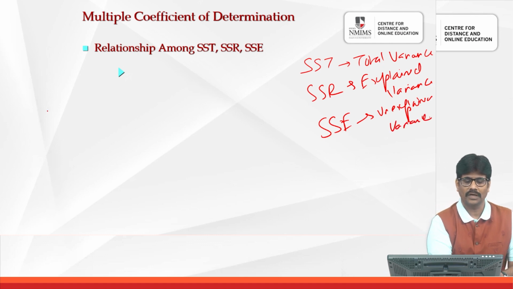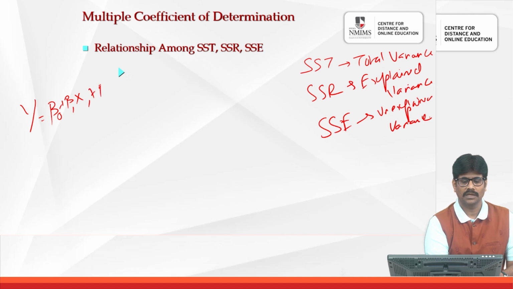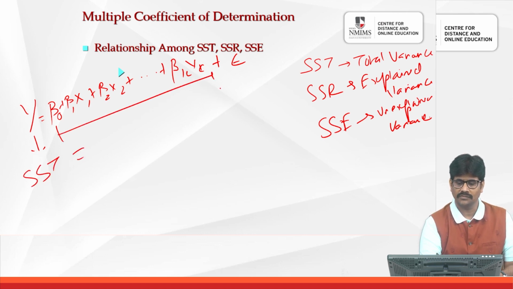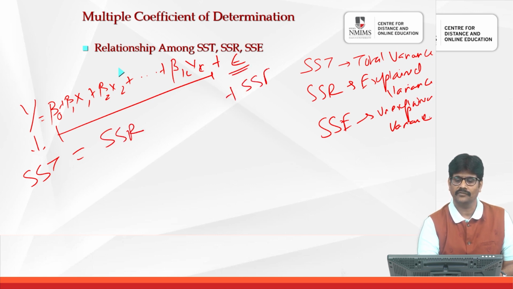If you recollect the regression model, let us say y is equal to beta naught plus beta 1 x1 plus beta 2 x2 and so on plus beta k xk plus the error term. So, this is the total variance. SST is composed of the regression variance, which is your explained part, the sum of squares of regression, plus the error part, which is the sum of squares of error.